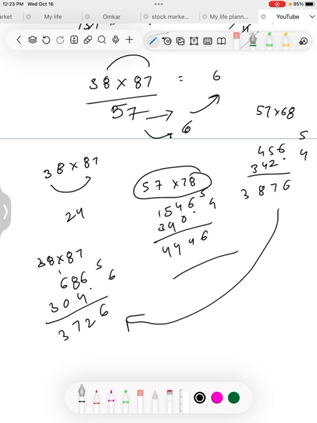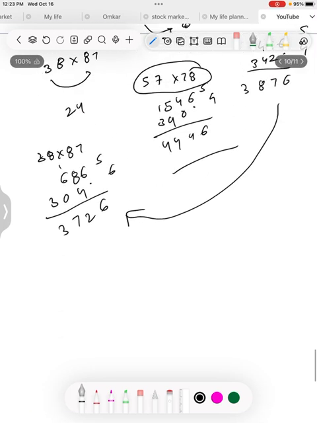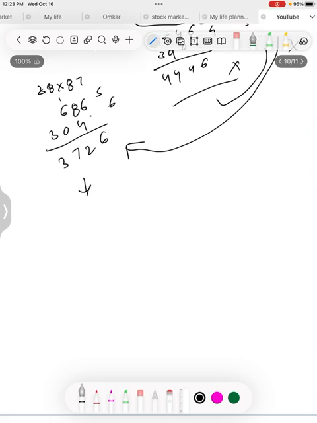Sorry guys, these two options are wrong, right? So we have another option which is 58. So that is right. You can select that option.